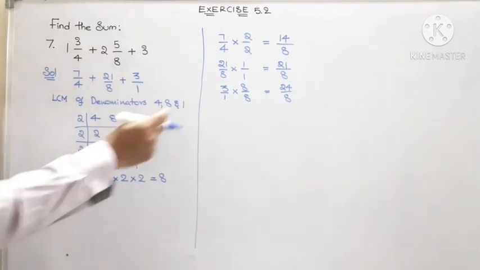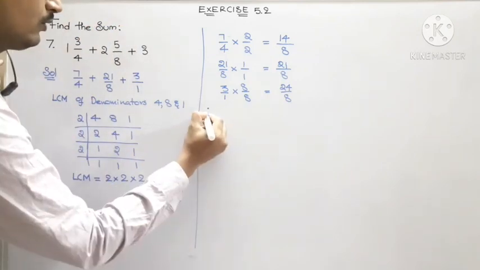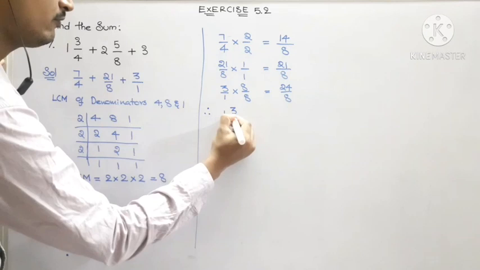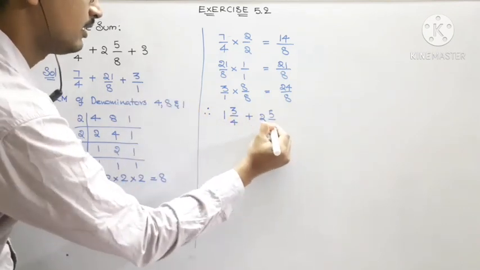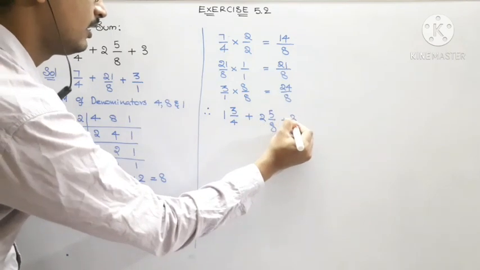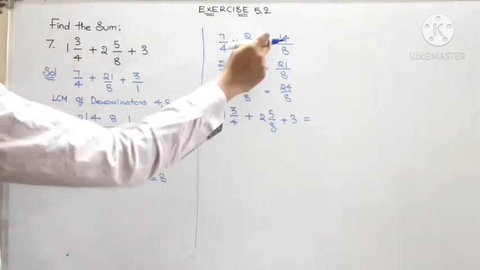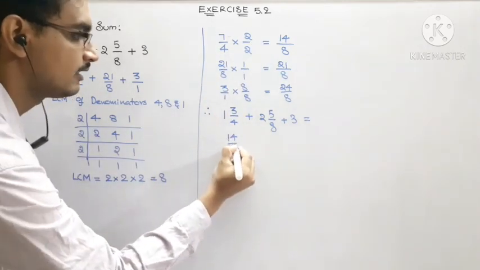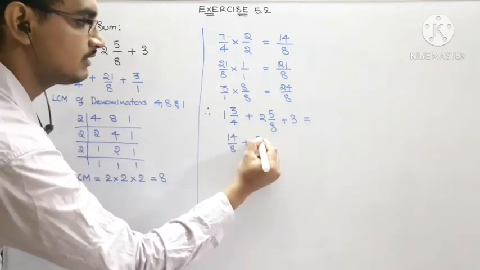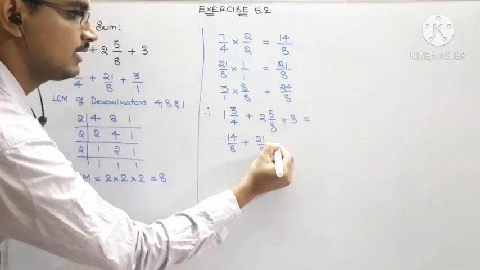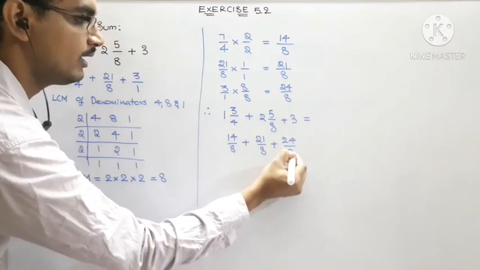Now the same process. We got all like fractions for the given unlike fractions. Therefore, 1 3 by 4 plus 2 5 by 8 plus 3 is equal to 14 by 8 plus 21 by 8 plus 24 by 8.